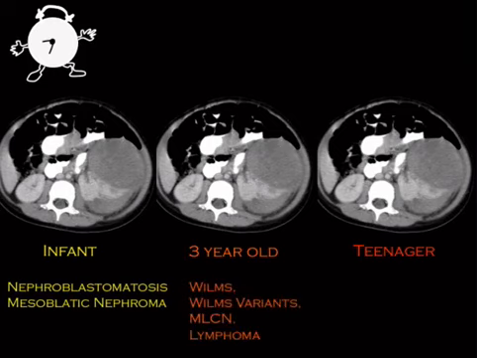It can be multilocular cystic nephroma, but that's more cystic, and you can also get lymphoma at this age. If I had to pick one, it would be Wilms, because that's the solid renal tumor of childhood. In a teenager, RCC is actually the most common, but you can also have lymphoma.